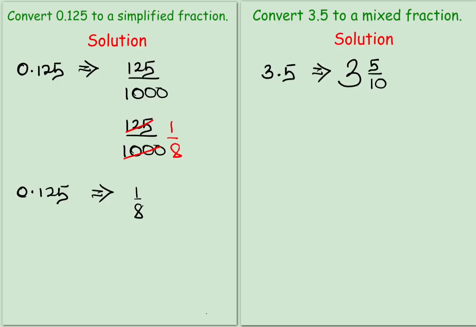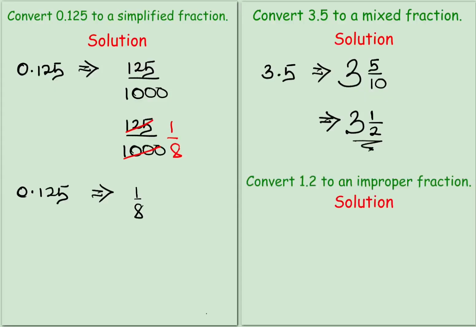Now, it is important to note that anytime there's room for simplification, you just do that. So 3 whole number 5 over 10 can be written as 3 whole number, then since 5 divides itself once, and it divides 10 how many times? Twice. So 3 whole number 1 over 2 becomes your final answer for the conversion. Let's try this other question, which says convert 1.2 to an improper fraction. Take note, improper fraction. So how do we do that? We have 1.2.